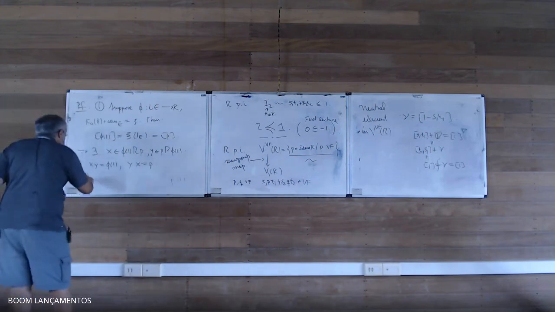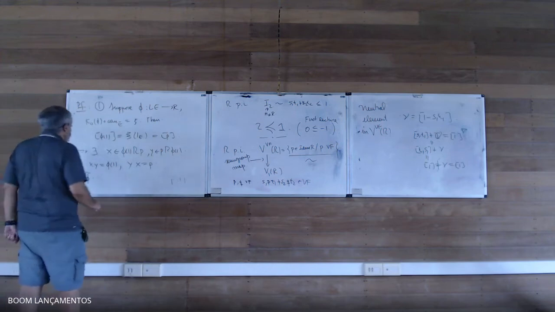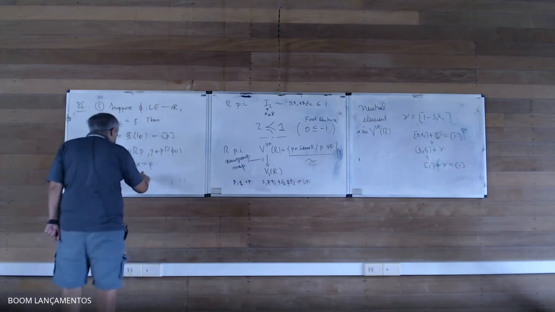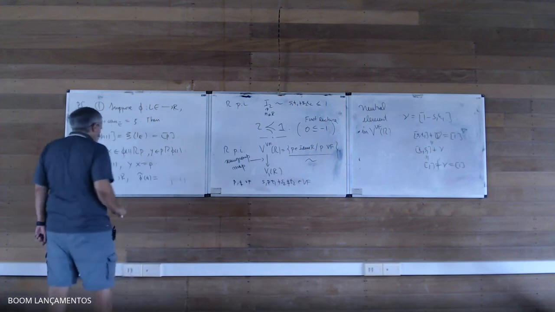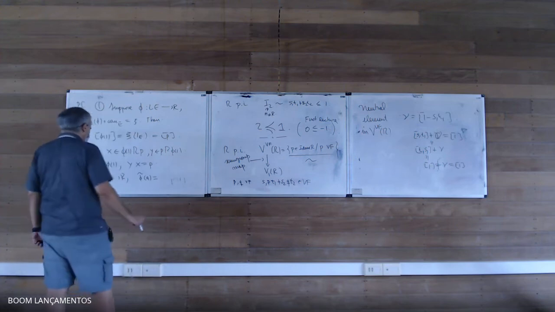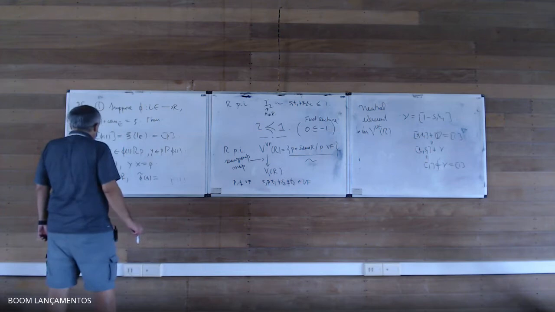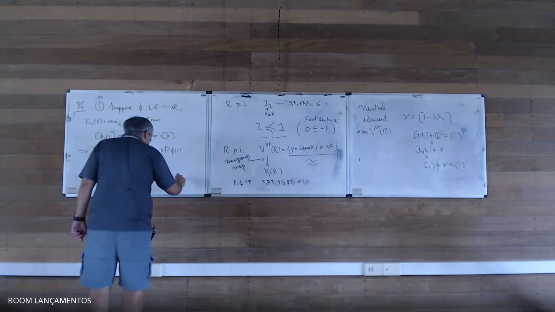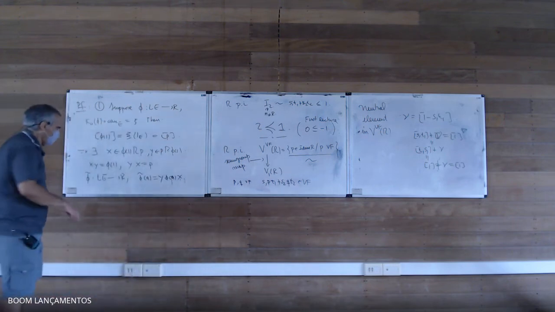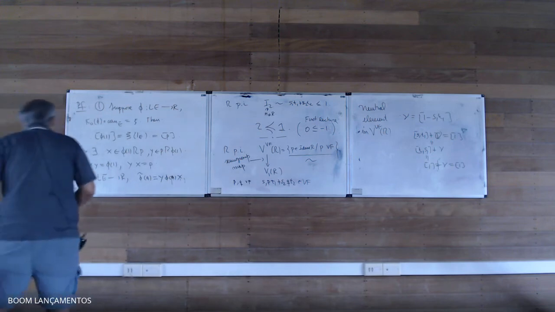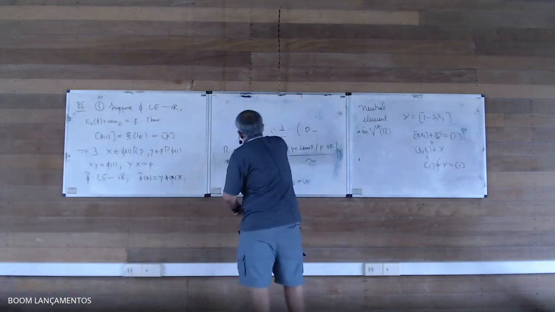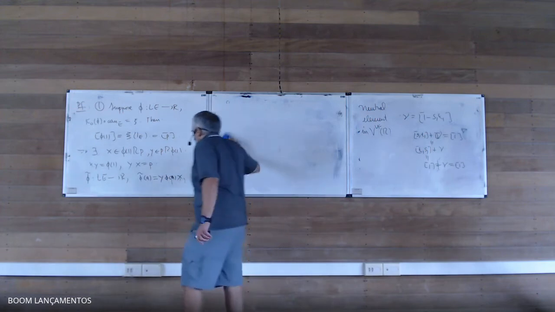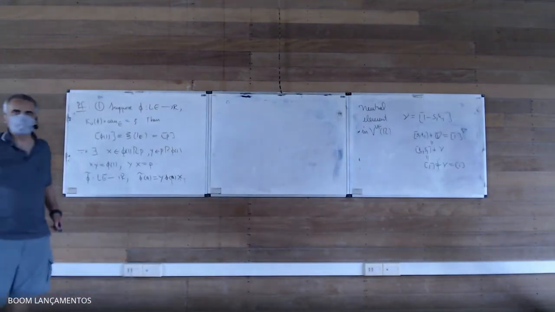And now define phi tilde from LE to R by phi tilde of A equal to Y phi of A X. Then this new homomorphism is still an algebra homomorphism and satisfies that phi tilde 1 is actually P.